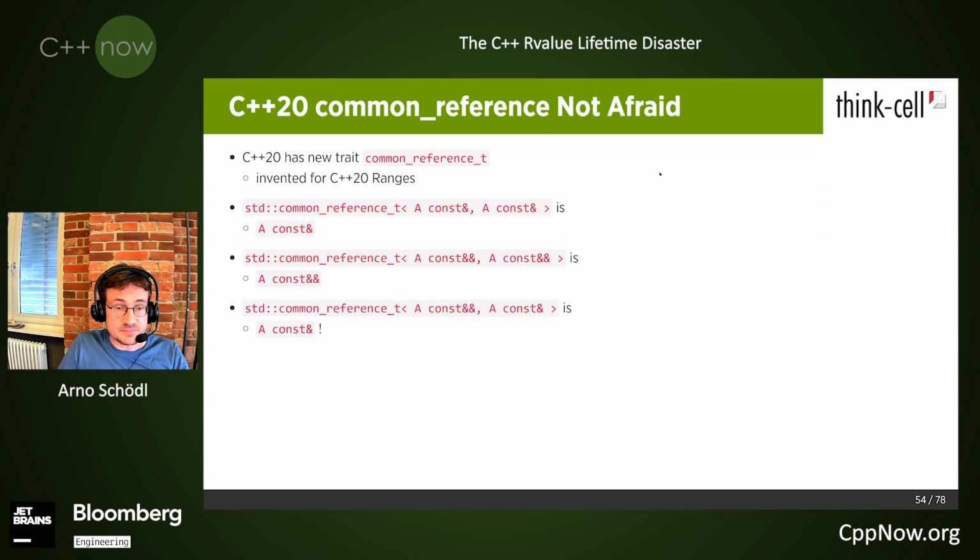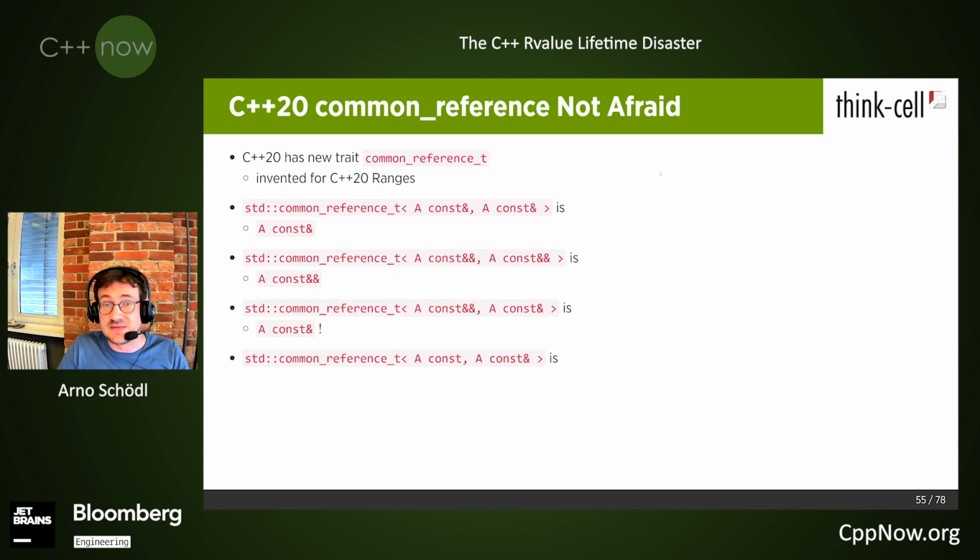Okay. Here's another thing we can try. What if we use a value and an lvalue reference? I mean, semantically, this is not terribly different, right? Because as we've seen from the min that we implemented, it's quite easy to turn a value into an rvalue. You just pump it through some sort of forwarding function, like the minimum function, where it either forwards the left hand side or it forwards the right hand side.